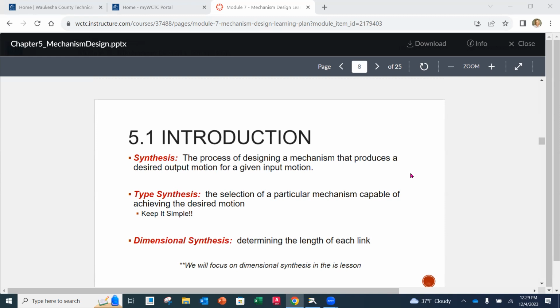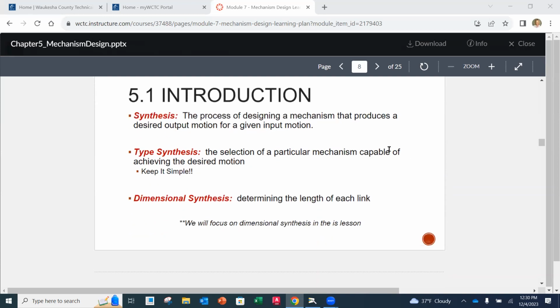Okay. And you know what? It sounds simple and easy, but trying to keep it simple is a very hard thing to do as a designer. The more parts that you have, the more complex it is, the more things can break. So if you can eliminate as many parts and keep it very simple, that is always going to be the goal of a designer. And again, that's not always an easy thing to do.